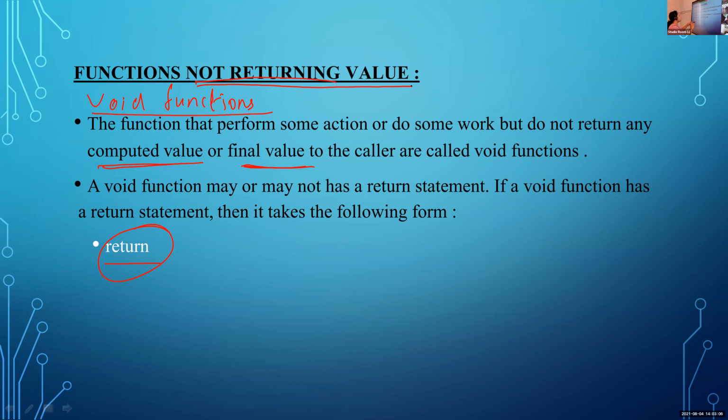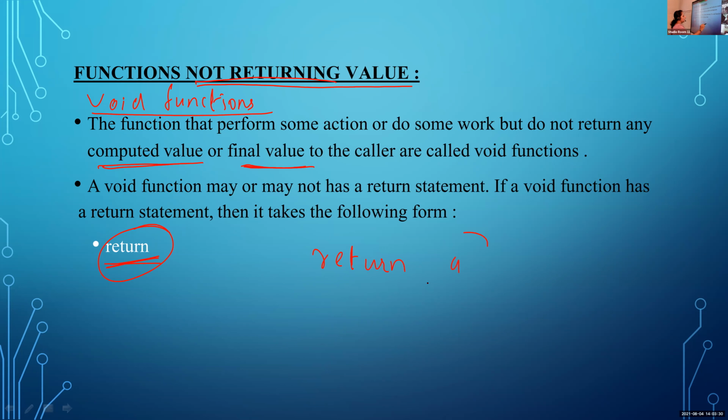A void function can use a return statement, and some functions are there that use a return statement. Some functions are there with no return statement. So if a void function has a return statement, it will take only this statement, return only. We cannot use return A in a void function.